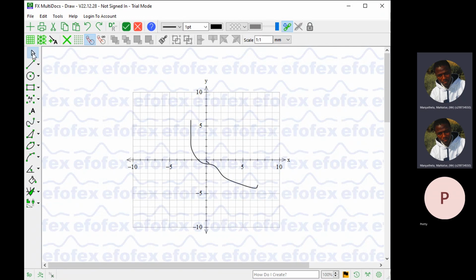Something like this, but it's supposed to be smooth. Okay, let me fix these lines. Yeah, it's coming together.